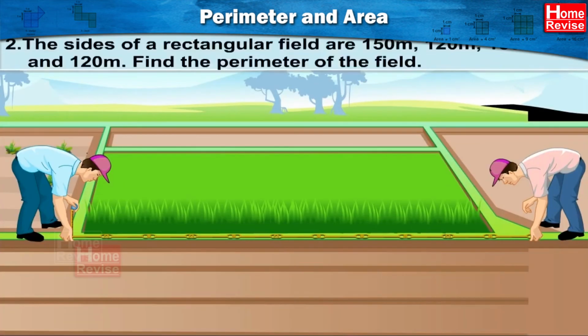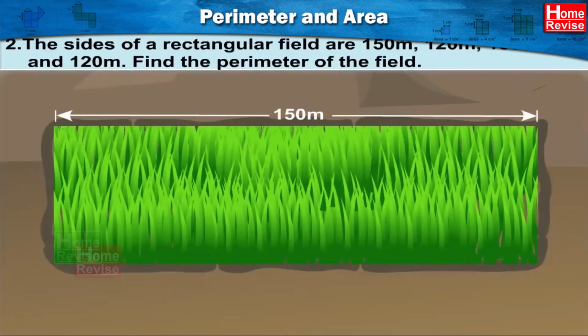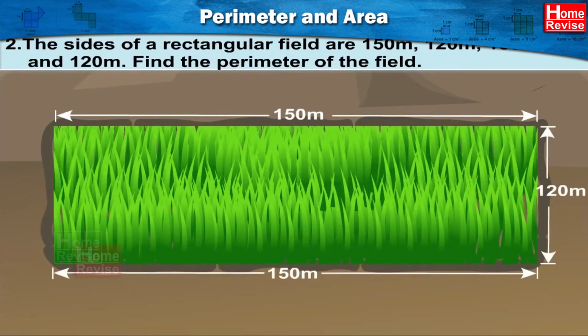Number 2. The sides of a rectangular field are 150 meters, 120 meters, 150 meters and 120 meters. Find the perimeter of the field. Now, the perimeter of a rectangular field would be the sum of all the 4 sides.